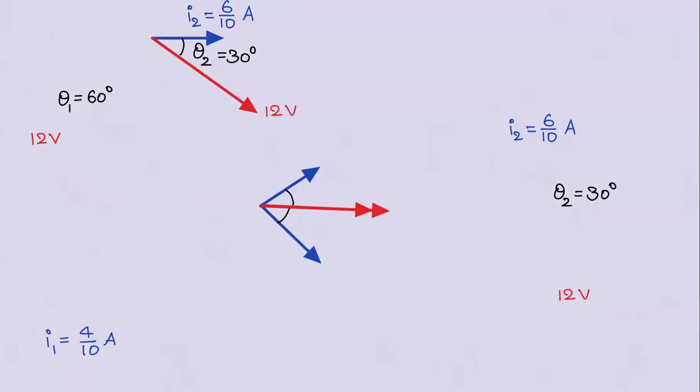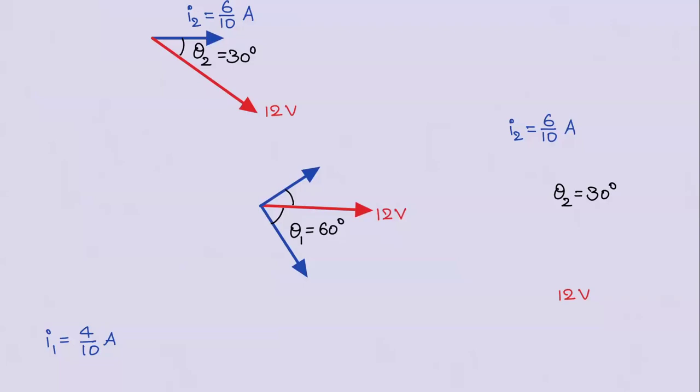Actually, this should be 90 degrees because one is 60, one is 30, na? Isn't it? So this is, of course, both are 12 volts only. This one, theta 1 is 60 degrees, and current is 4 by 10.